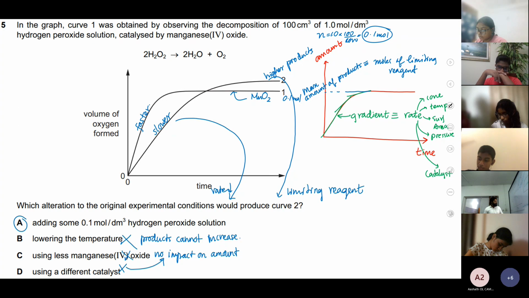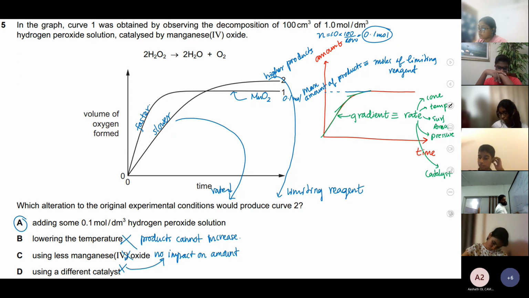Why? That's because it has a lower concentration. What you add has a lower concentration. Nice. Lower concentration means slower reaction. Slower reaction. That's fine. But here you add more hydrogen peroxide. So you add more limiting reagent.